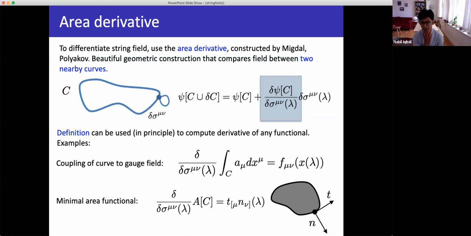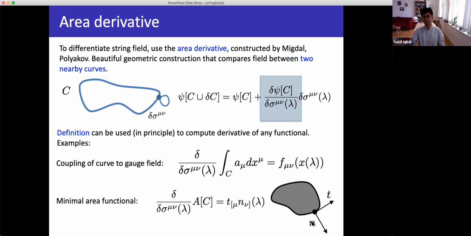It's a slightly less obvious one. Let's consider the following functional, which is the minimal area functional. In other words, given a curve C, find the minimal area that fills this in, and then ask what is the area derivative of the minimal area functional. The answer turns out to be the outer product of the tangent vector to the curve and the normal vector to the curve along the minimal area evaluated at this point where you're taking the derivative.